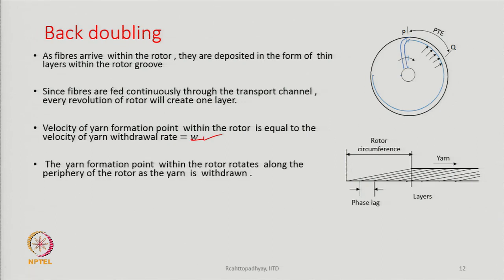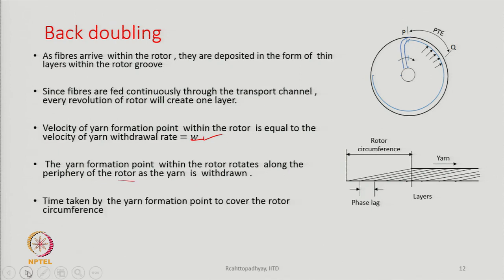And from W we can calculate what should be the rotational speed of the yarn formation point. The yarn formation point within the rotor rotates along the periphery of the rotor as the yarn is withdrawn. Time taken by the yarn formation point to cover the rotor circumference is going to be how much?